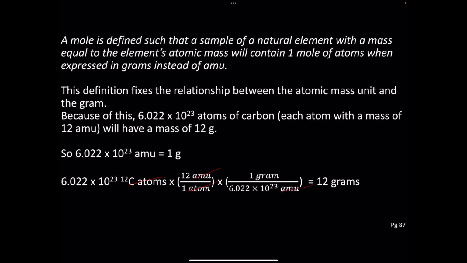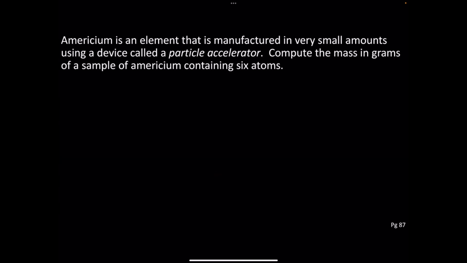Then I have 6.022 times 10 to the 23rd atomic mass units in 1 gram, so everything is canceled except for grams. Even Avogadro's number of each of those cancels as well, and I'm left with just 12 grams. I'll show you the shortcut for this in an example. Here's an example on page 87 of your textbook.